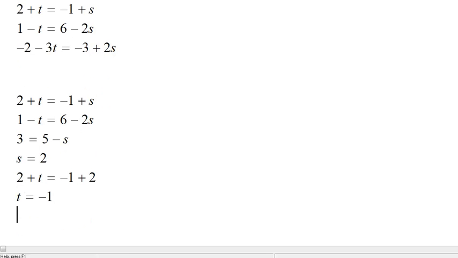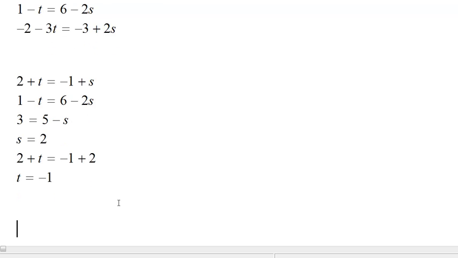Okay, and now this was the third equation. So we will see if these coordinates satisfy the third equation. If they do, then we will have a consistent system and a solution is available.